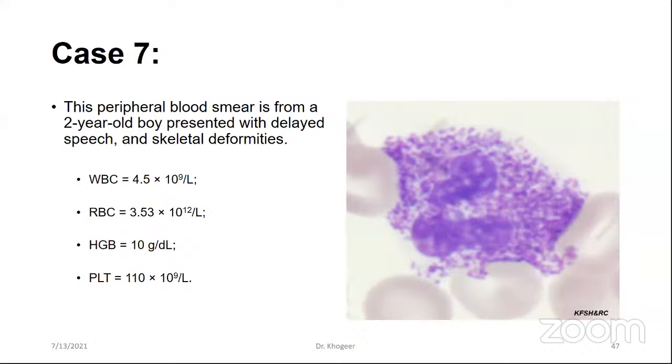No. Any other guess? Yes. So this is abnormal, large, coarse inclusions or granules. This neutrophil showing large coarse inclusions are sometimes referred to as Reilly bodies.